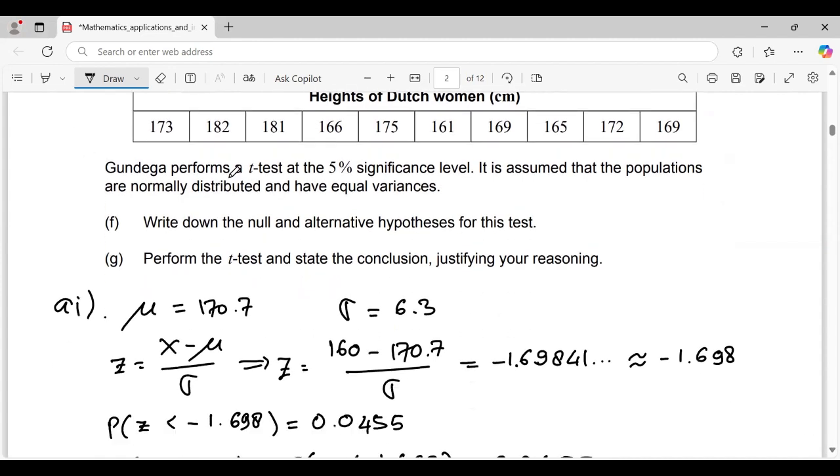Gundega performs a t-test at the 5% significance level, so alpha equals 5%. It is assumed that the populations are normally distributed and have equal variances. Write down the null and the alternative hypothesis for this test.